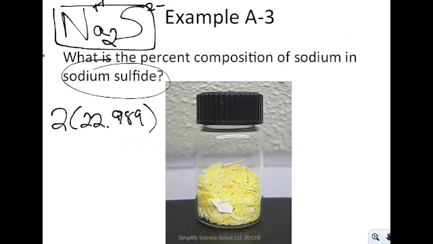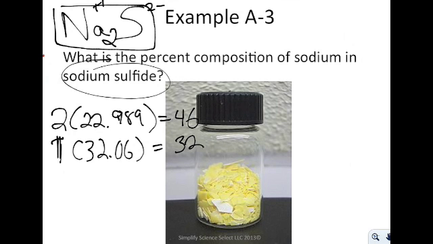And then you have sulfur, which is 32.06. So when you multiply that out, you're going to end up getting something along the lines of, should be somewhere close to 46. Okay, we can usually round whenever we're doing these because you don't have to take it quite out that far. And this usually is something around the lines of 32.